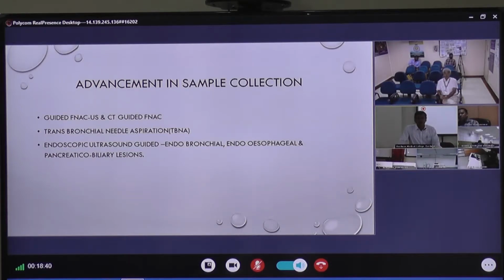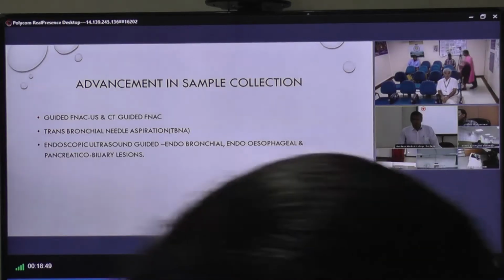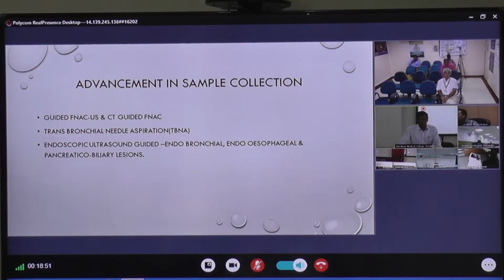Endoscopic ultrasound guidance can help a lot to get material from these difficult lesions. TBNA, transbronchial needle aspiration, is also there. When combined with endobronchial ultrasound, EBUS, and a transbronchial approach, we can access paratracheal and even mediastinal lymph nodes to aspirate material from these lesions. So we have seen the support of modern advancement in collection of material in cytology.